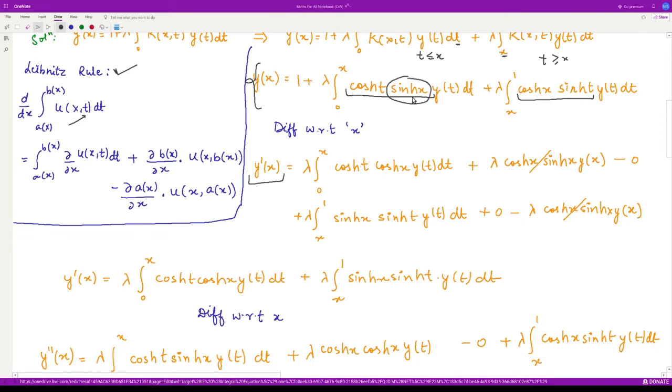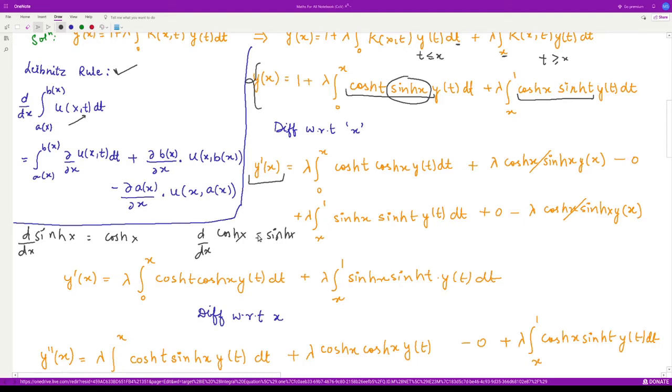Moreover, these are hyperbolic terms, so you should note the results: the derivative of sinh x is cosh x, and similarly the derivative of cosh x with respect to x is sinh x. Similarly for the integration, the integration of sinh x is cosh x, and the integration of cosh x is also sinh x.